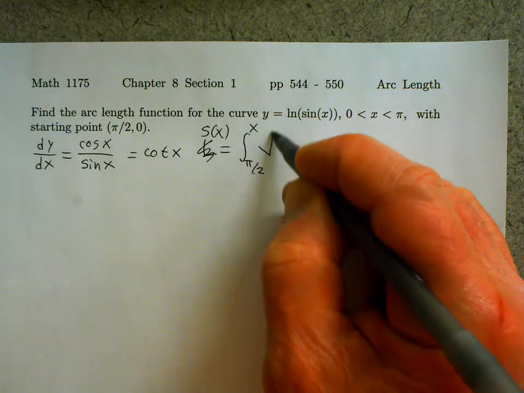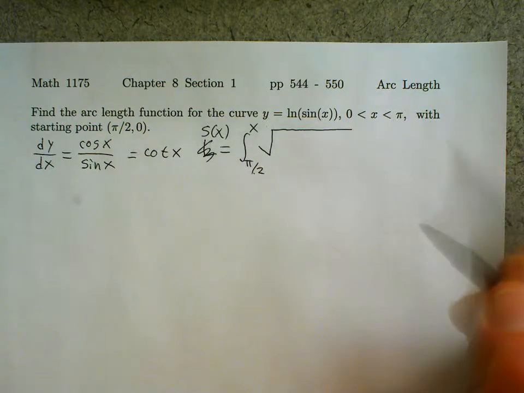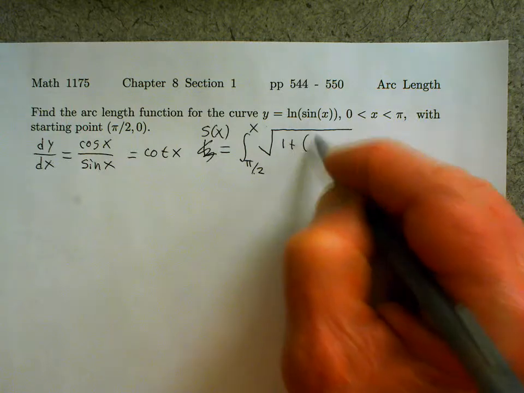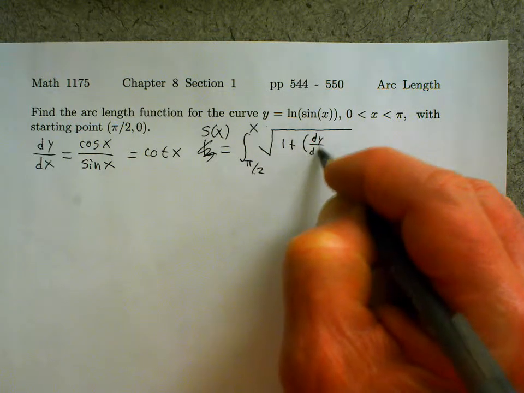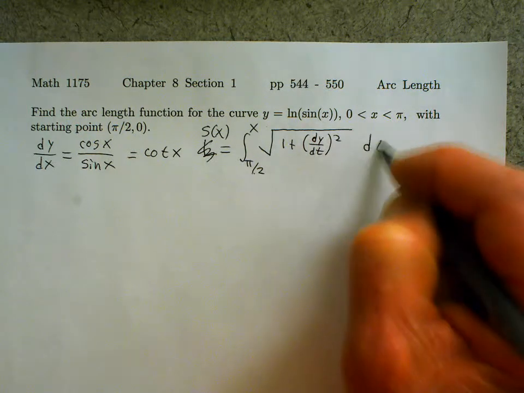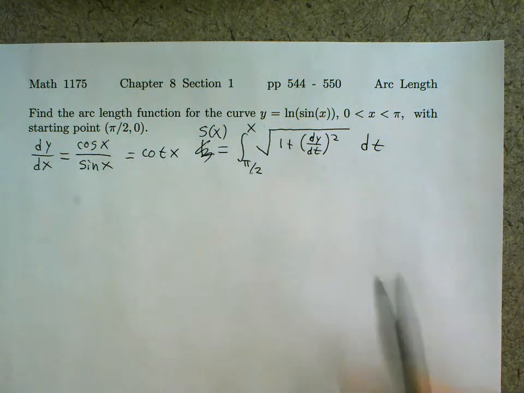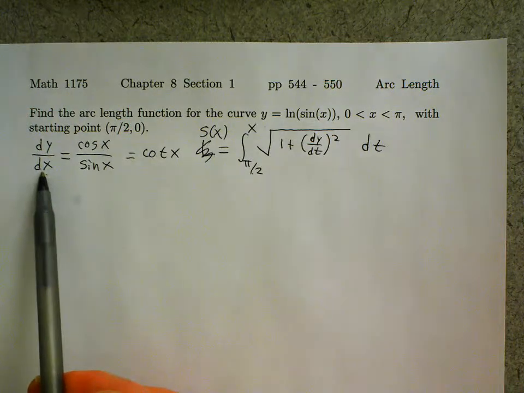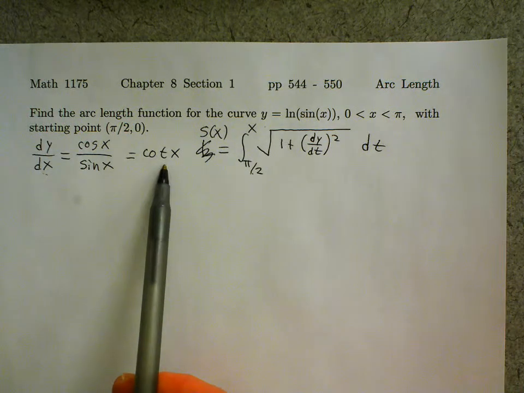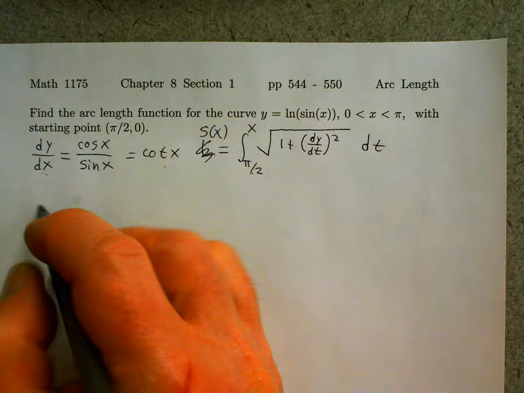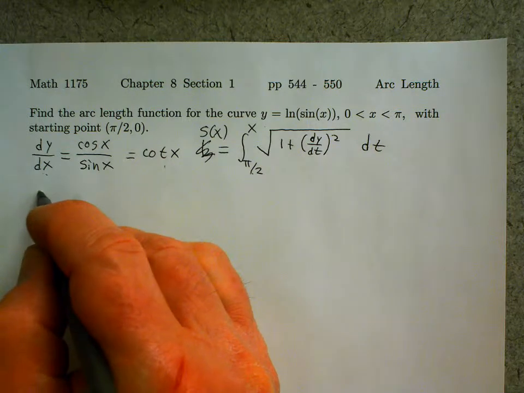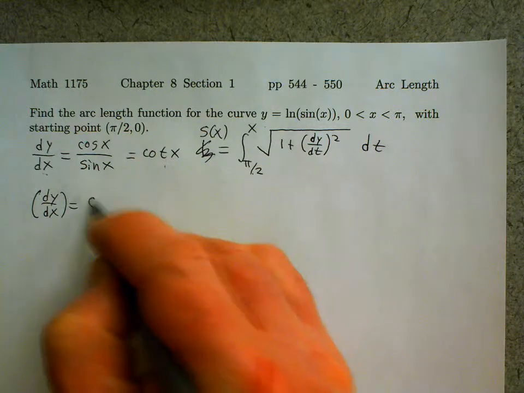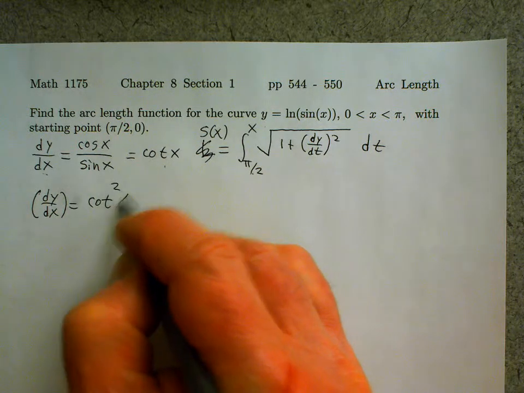And then we have to figure out what goes inside the square root. It will have the form 1 plus dy dt squared dt. Okay, so we know what dy dx is. That's cotangent of x. So when we square dy dx, we get cotangent of x squared.